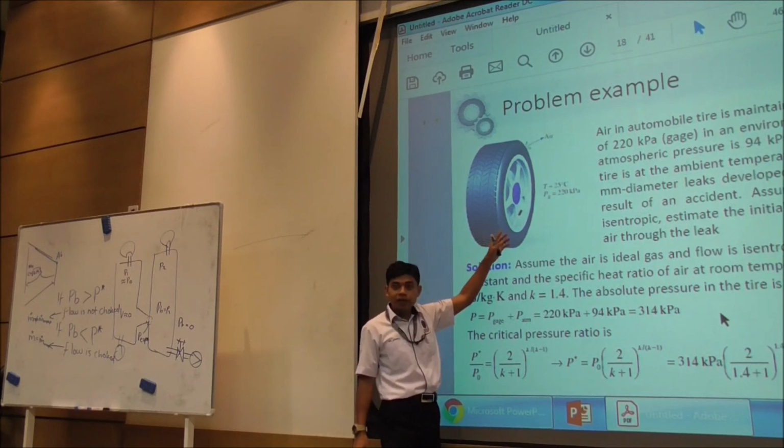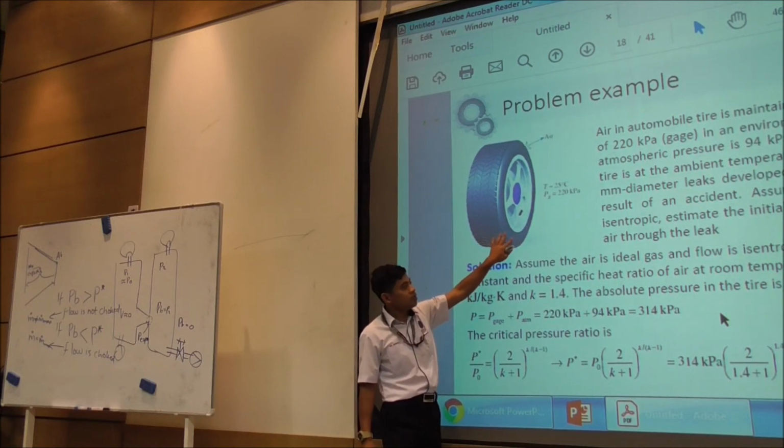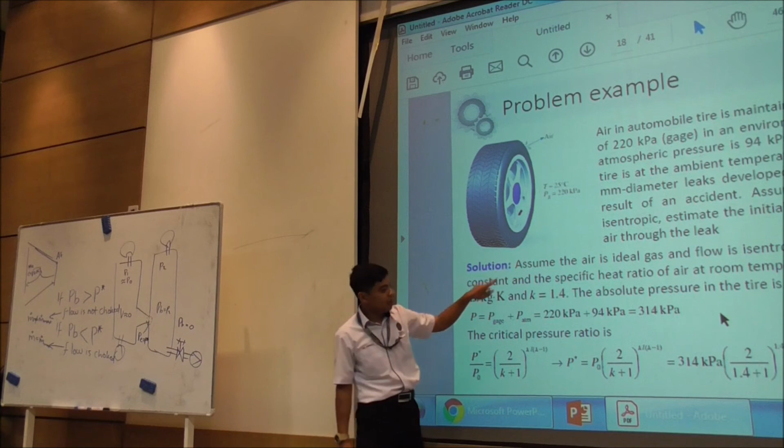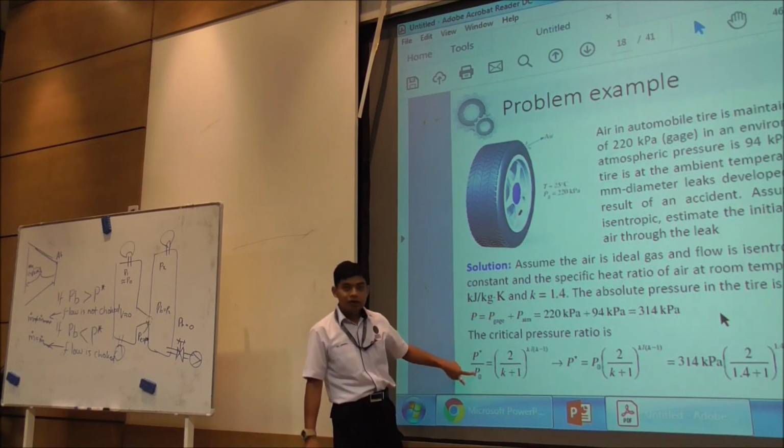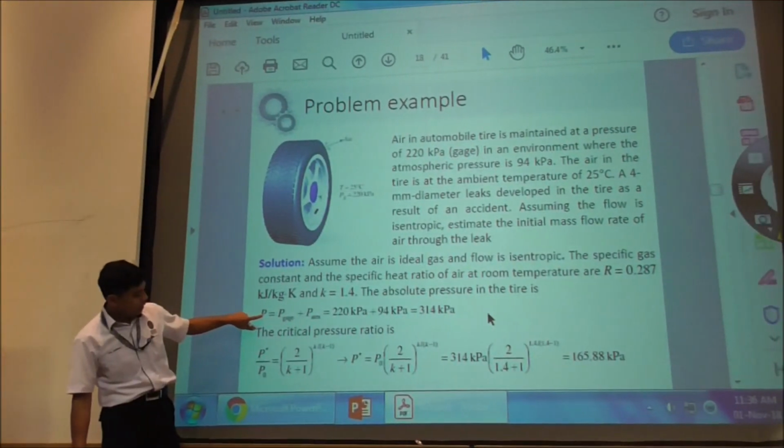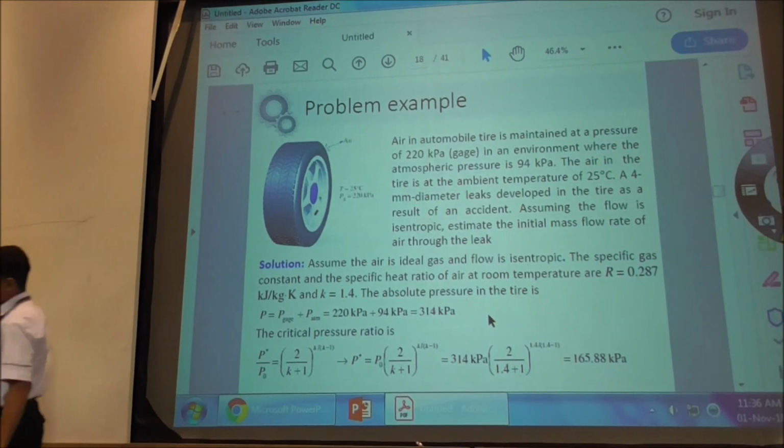So how to calculate the time needed for you to do the operation is using this one. You calculate P star over P naught, then you can calculate the mass flow rate.